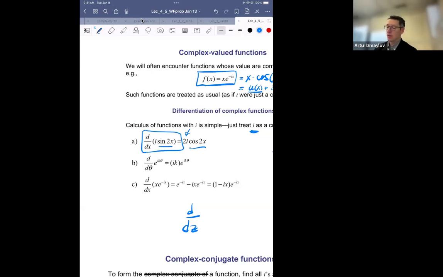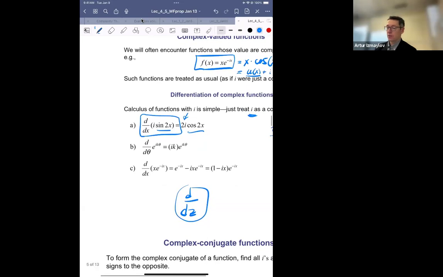It's a very useful thing, but not so much in our course. So this is the example where i is treated like a constant. When we differentiate, you just get ik in front, and so on, let's say here for another function.